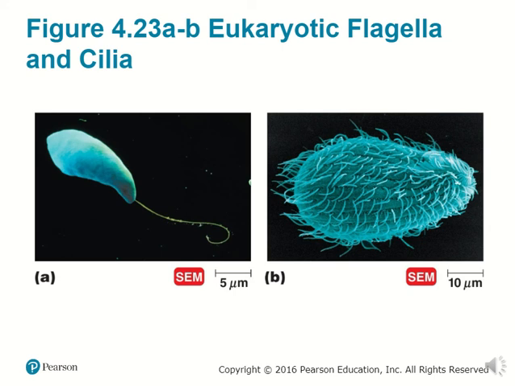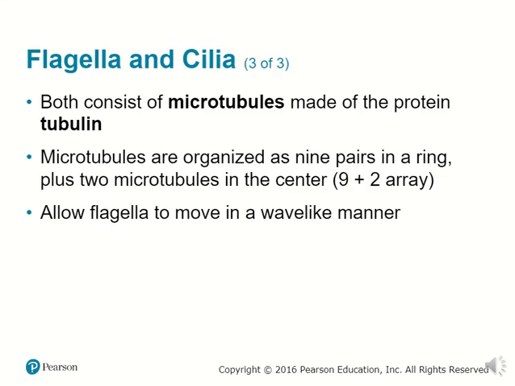Typically, when we're talking about eukaryotic cells, things are in larger proportion than on prokaryotic cells, which are much smaller. Now, flagella and cilia both consist of microtubules, which are made of the protein tubulin. Microtubules are organized as 9 pairs in a ring, plus 2 microtubules in the center. These allow flagella to move in a wave-like manner.